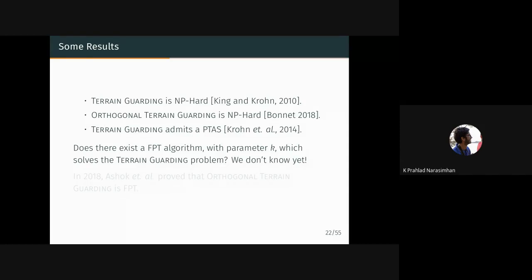This has been open ever since the 2010 paper that King and Krohn proved about the NP hardness result. So for a solid decade, and people were trying this before that as well. Ever since the introduction in like 1996, it's been studied, and we still don't know yet.